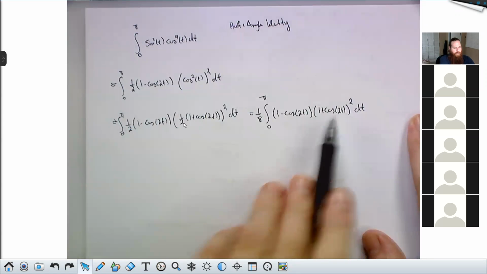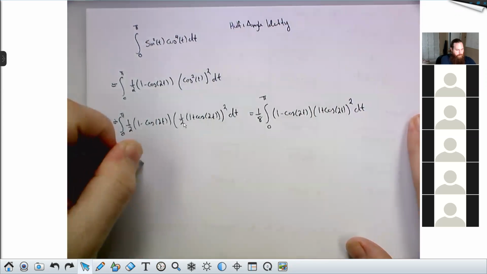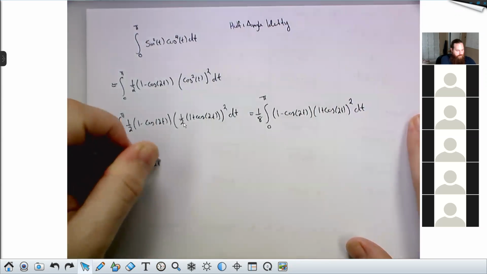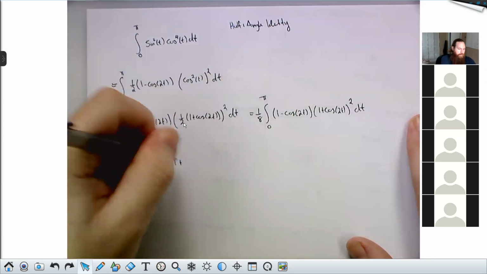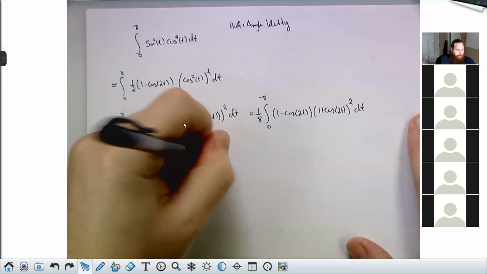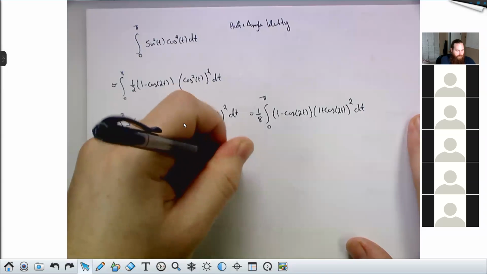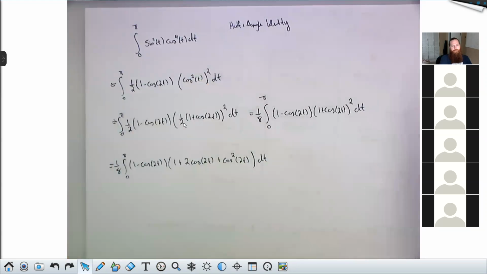Next, I will FOIL that out. So my 1 minus cos 2t is still chilling. And when I FOIL 1 plus cos 2t, I'll get 1 plus 2 cos 2t plus cos squared 2t, like that.